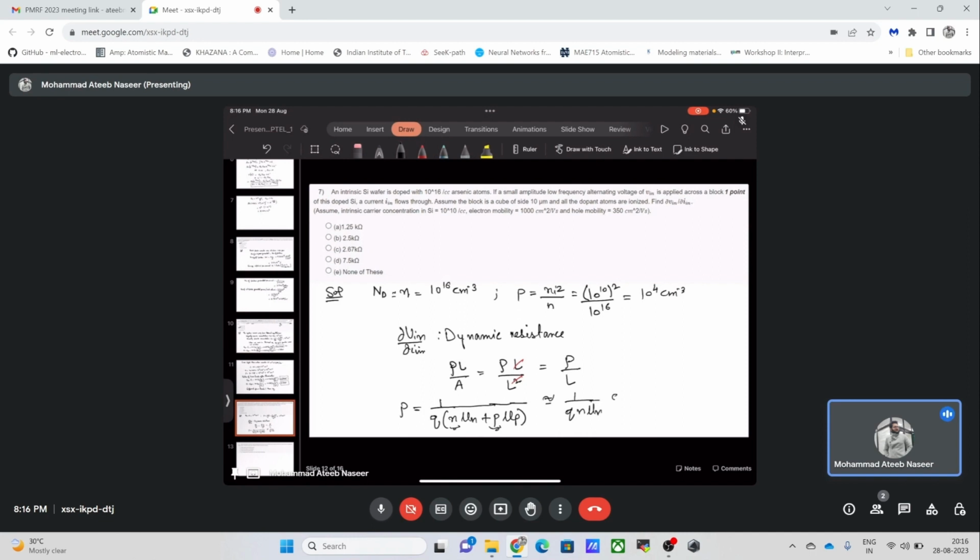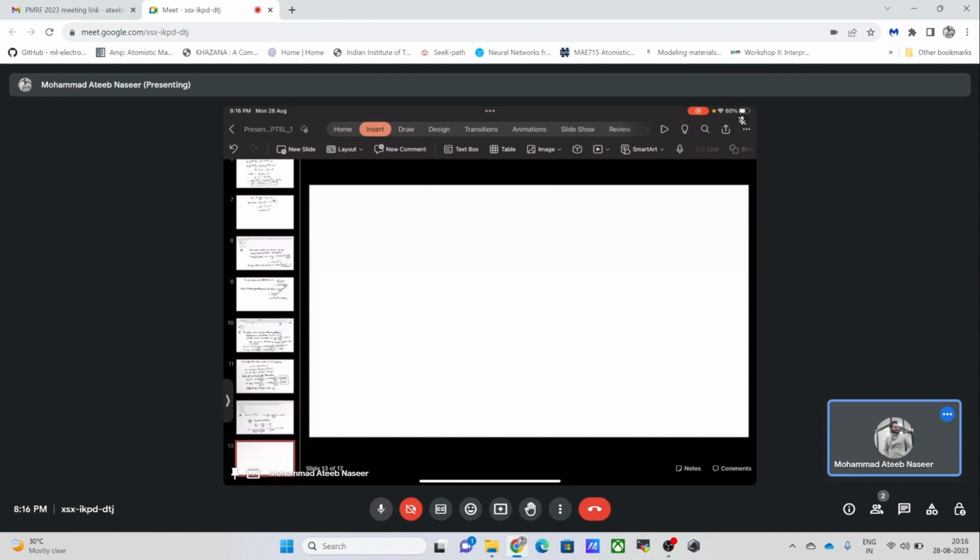So as n is much greater than p, this simply means that this value dV in by dI in is equal to 1 by q n mu n times L. So it is simply q is 1.6 into 10 raised to the power of minus 19, n is 10 to the power of 16, mu n I guess was 1000.